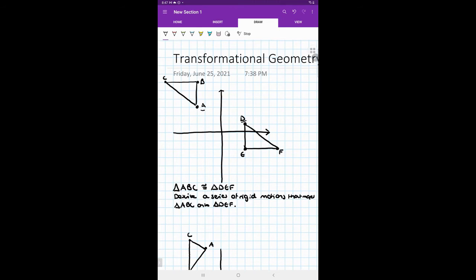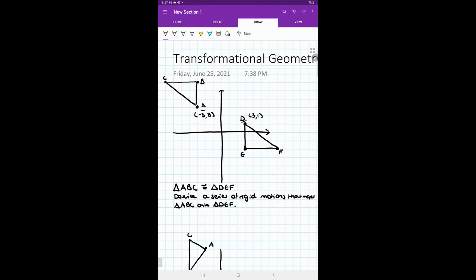Yes, a translation should be involved, but a simple translation is not going to cut it. What I like to do sometimes is work specifically with the coordinates. So, for example, A corresponds to the coordinate (-3, 3), and D corresponds to the coordinate (3, 1).